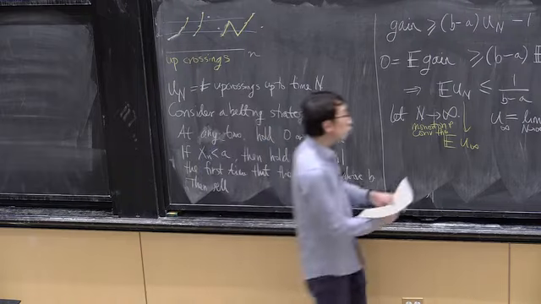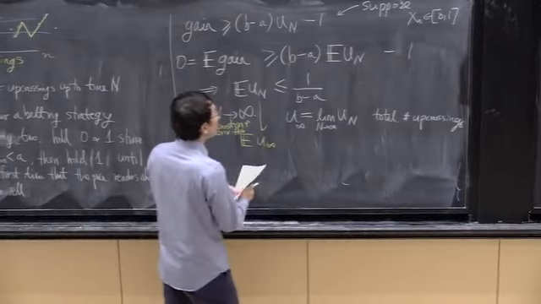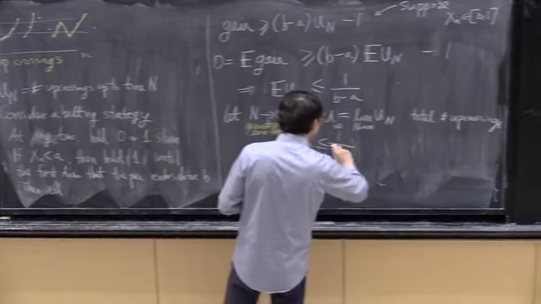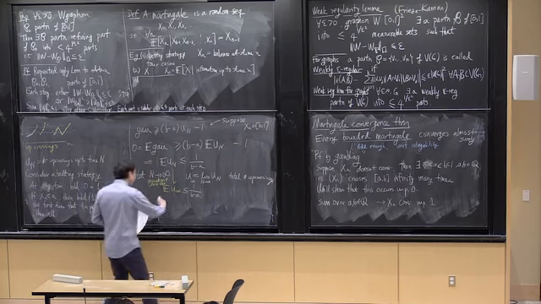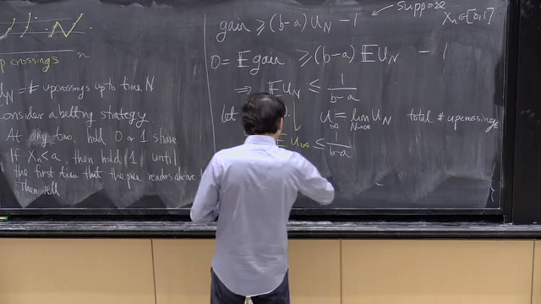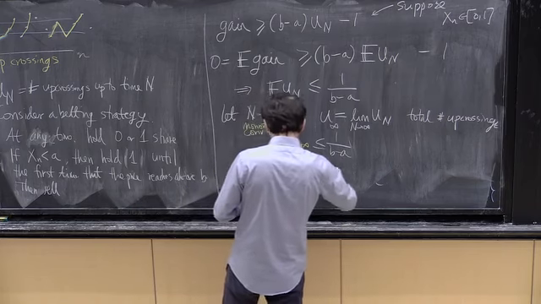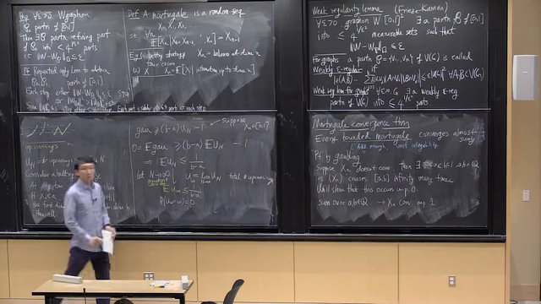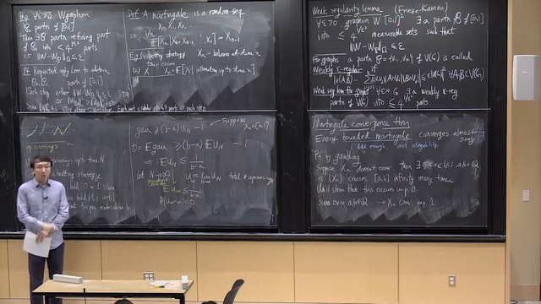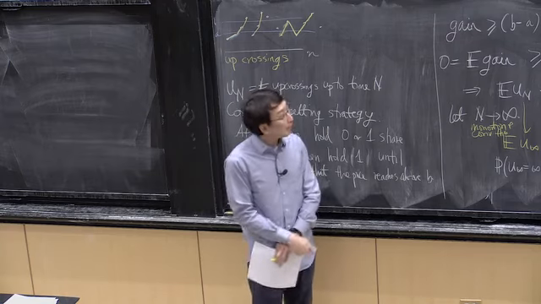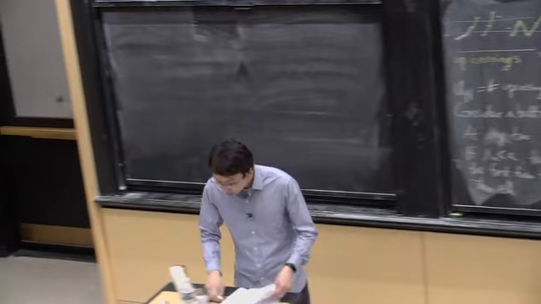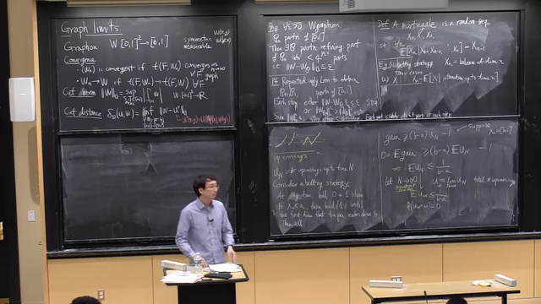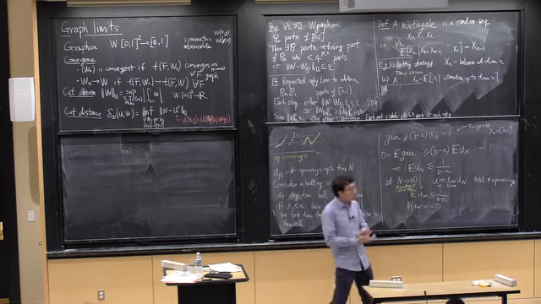So in particular, you know that the expected total number of upcrossings is at most some finite number. So the probability that you have infinitely many crossings is 0. So with probability 0 you cross infinitely many times, which proves the claim over there and concludes the proof that the martingale converges almost surely. That proves the martingale convergence theorem.